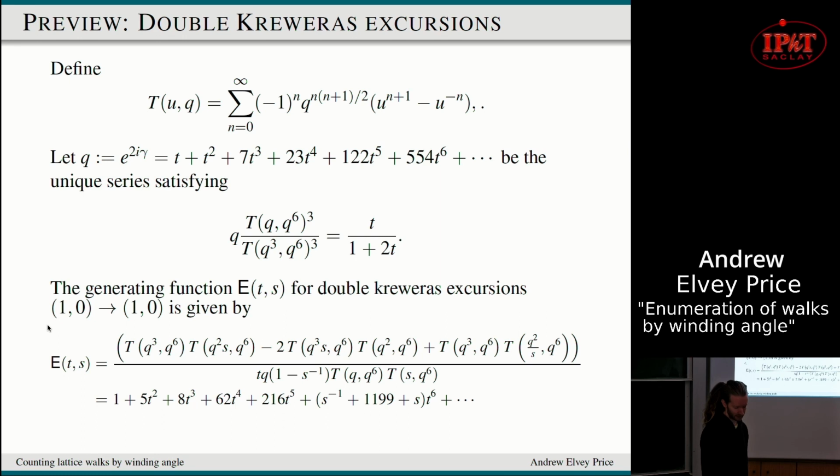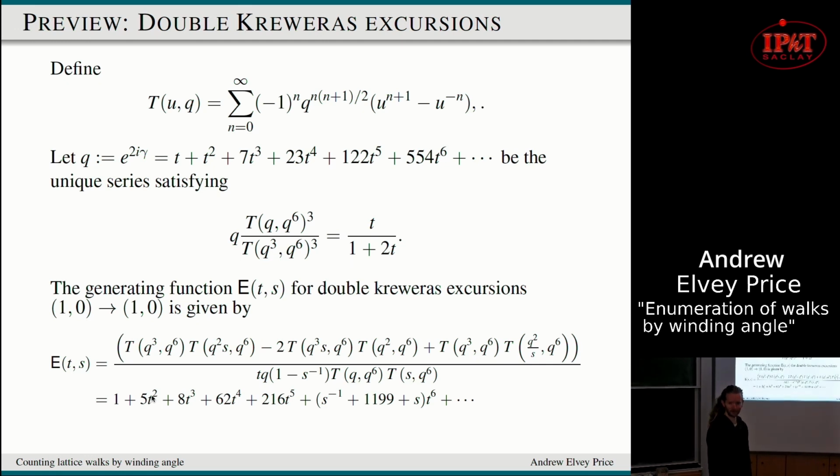Now that Q is a series in T, this whole expression is a series in T and S, and it's precisely the expression which gives the series for excursions with the double Kreweras lattice from (1,0) to (1,0). Again, as always with T counting the length, and S counting the winding angle.